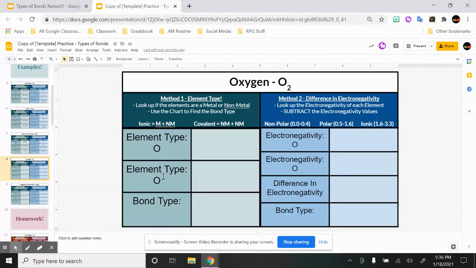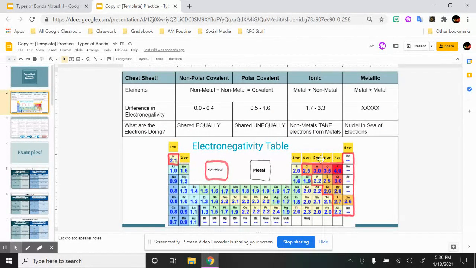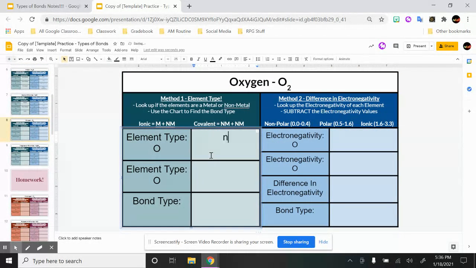So we have oxygen, so we're looking at the bond in between oxygen atoms. I come up to my chart and look up oxygen as a non-metal. And while I'm here, I'm going to grab the electronegativity, 3.5. So here I have two non-metals, non-metal plus a non-metal, so it's going to be covalent.